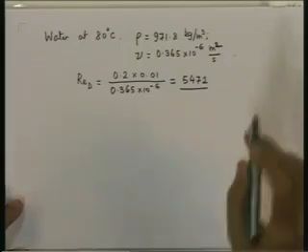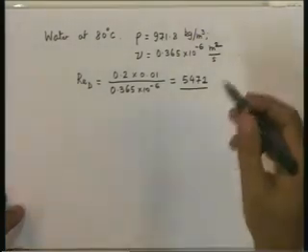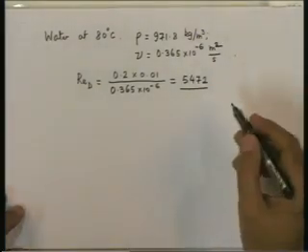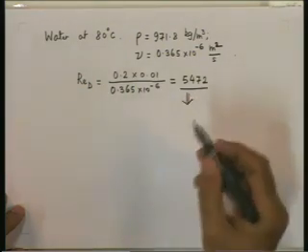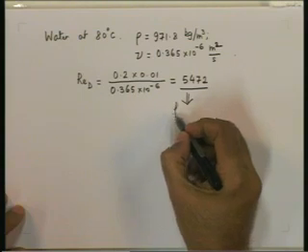This is definitely larger than 2000, it is even greater than 5000. And this implies that the flow is turbulent.